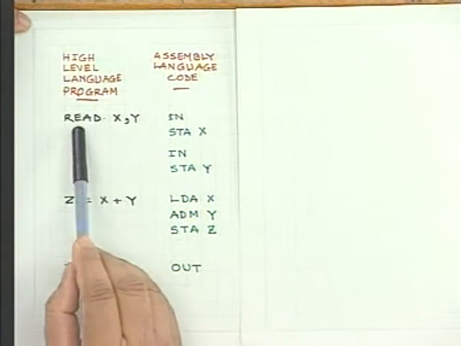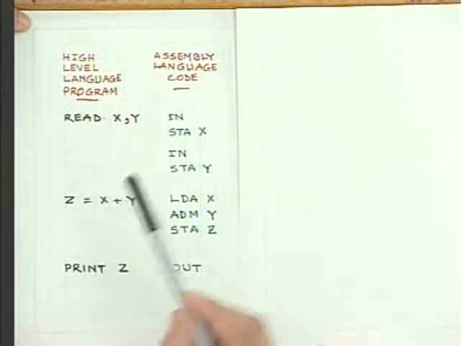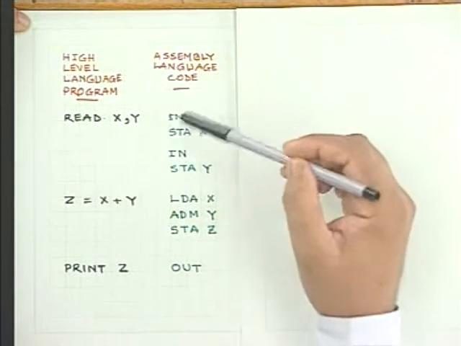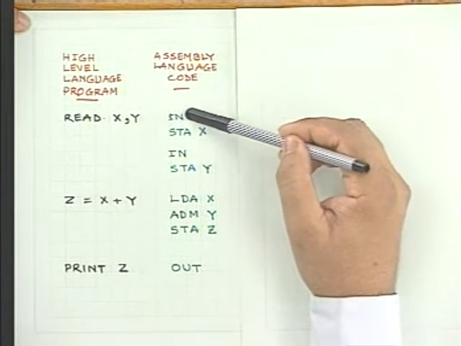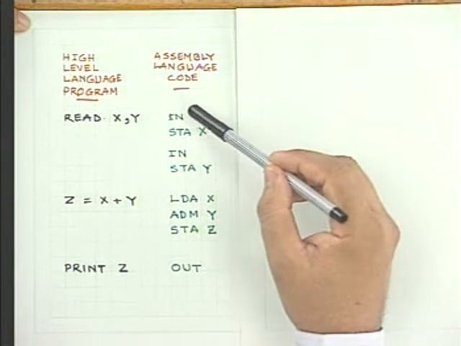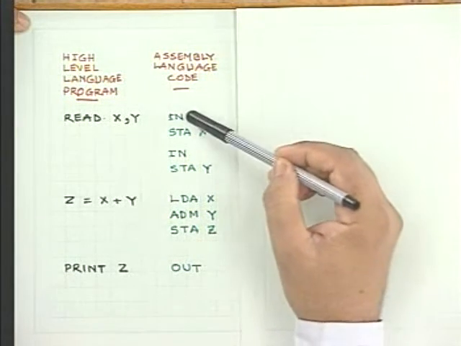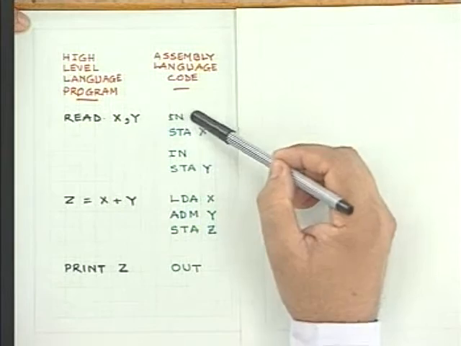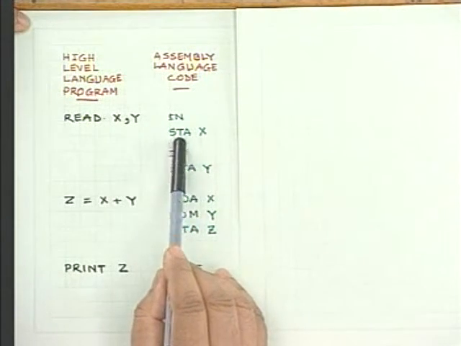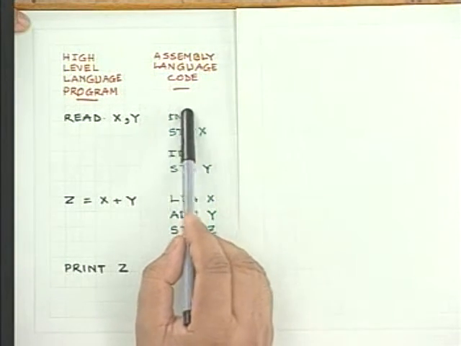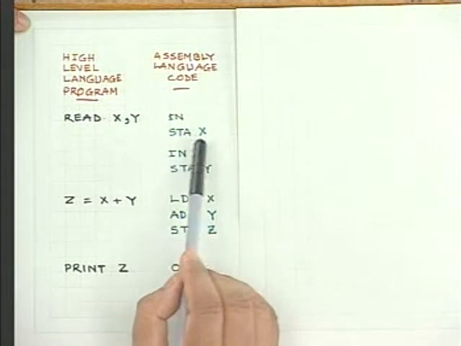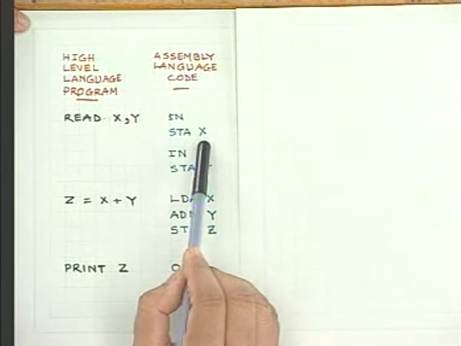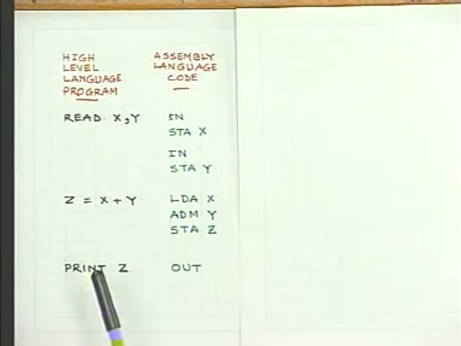Say this read x y will be translated into a statement which will mean inputting from some standard input device, and then store accumulator x, that means whatever has been inputted will be stored into the memory location x. I have assumed that I am talking of a computer which is accumulator based.